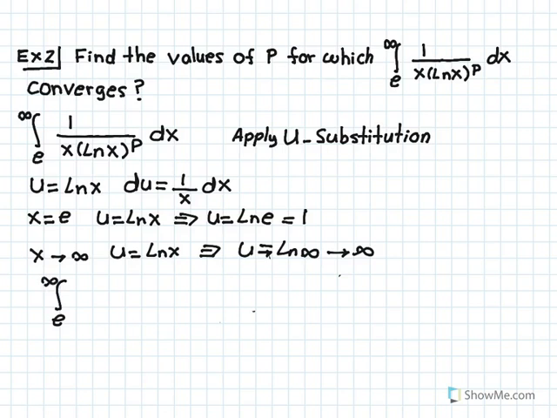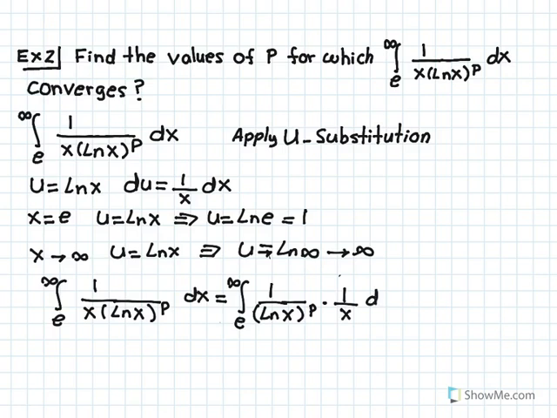The integral from e to infinity of 1 over x times log x to the power of p dx. That's equal to, I'm going to rewrite this as the integral from e to infinity of 1 over log x to the power of p times 1 over x dx. It will be easier to see the u substitution. The new transformed u limits are 1 to infinity, 1 over u to the p, because u is log x, times 1 over x dx.